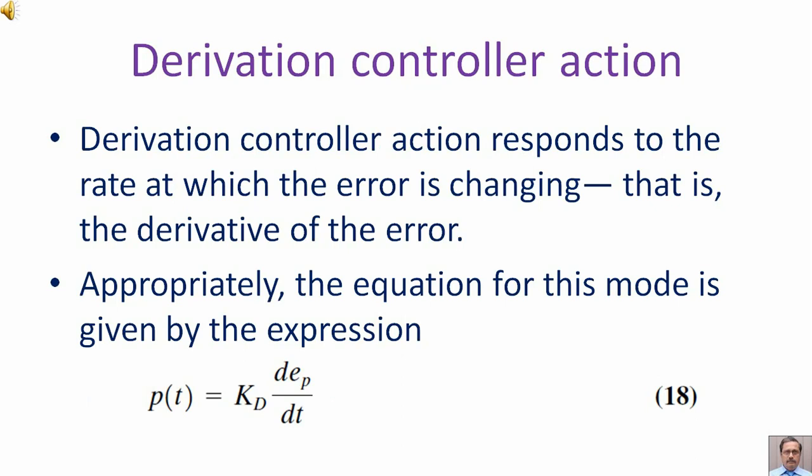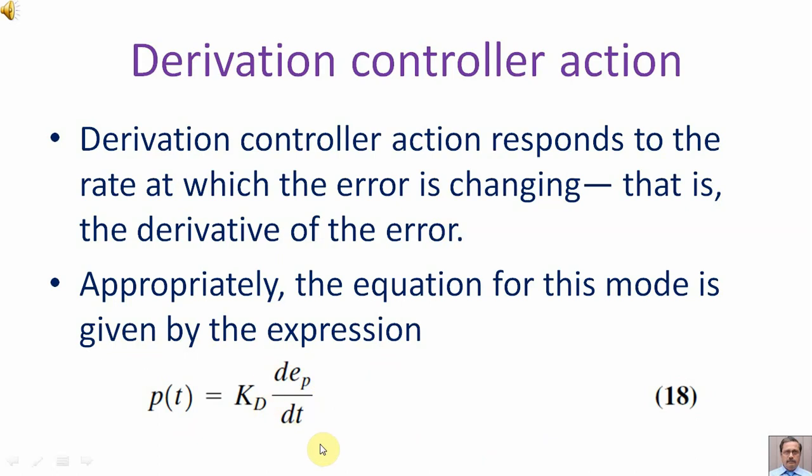Derivative controller action responds to the rate at which the error is changing, that is, the derivative of the error. Appropriately, the equation for this mode is given by the expression p(t) = k_d times the derivative of e_p with reference to time.